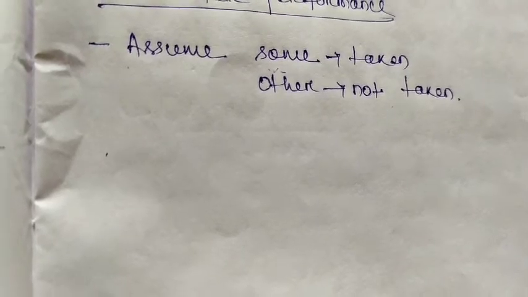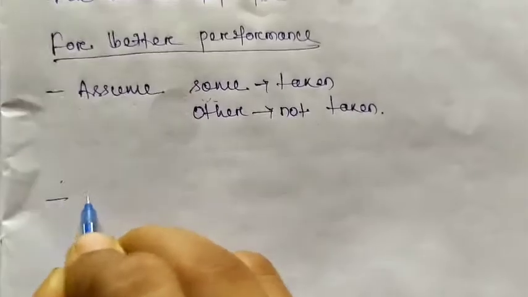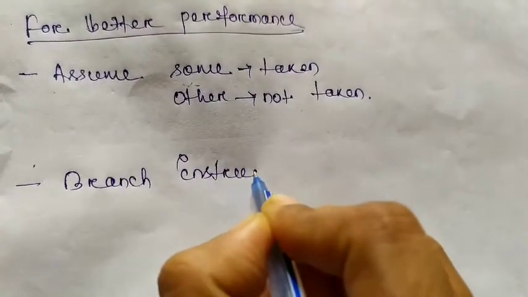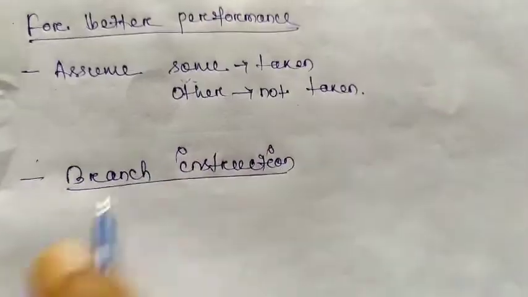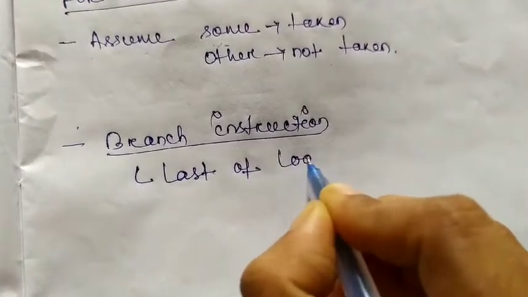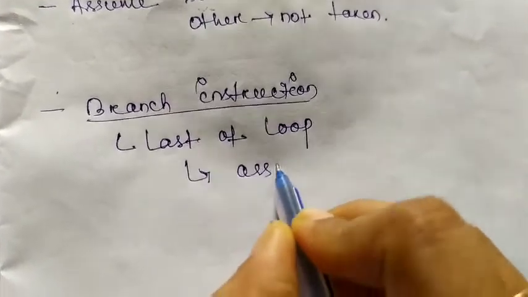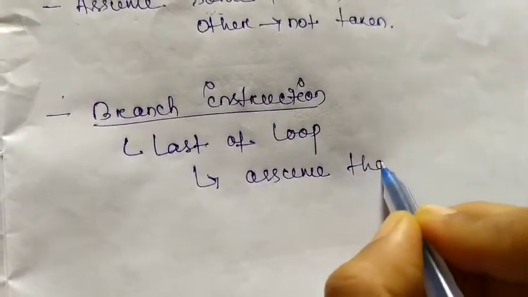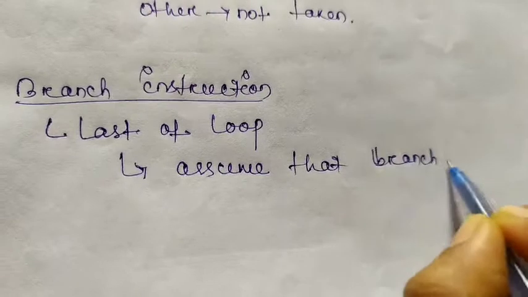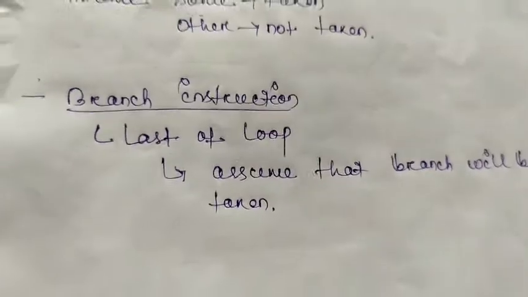On the other hand, consider a branch instruction at the beginning of a program loop. If the branch is at the last of the loop, assume that the branch will be taken.